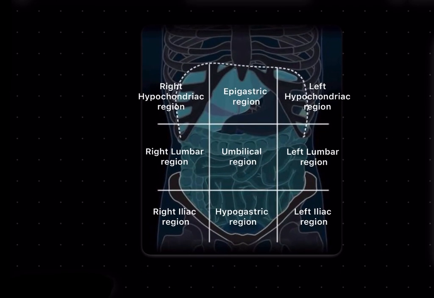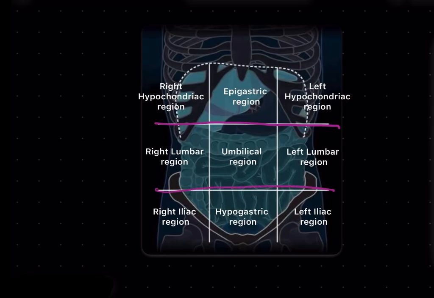As I said, the more detailed approach is the regional approach, which divides the cavity into 9 regions. How do we do this? We have one horizontal line immediately right under, or inferior to, the ribs, and one superior to the pelvis.